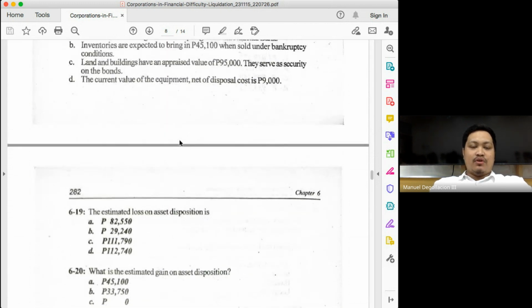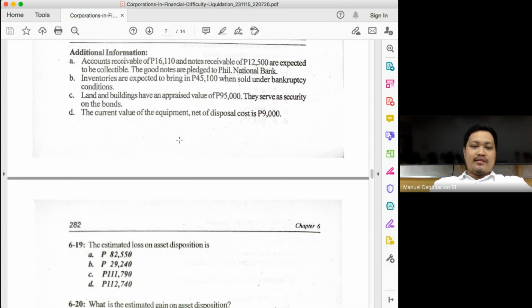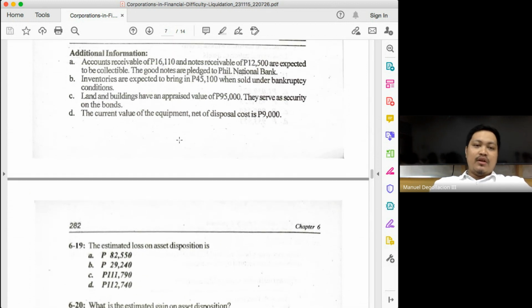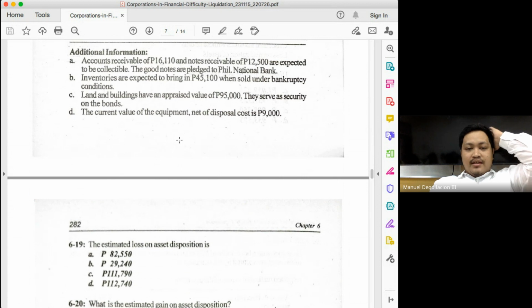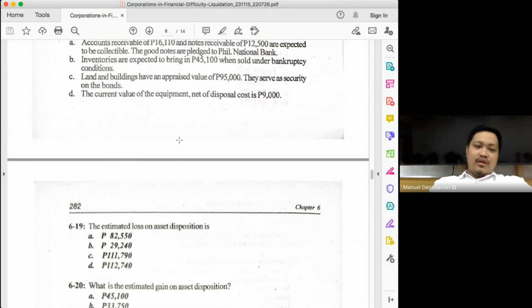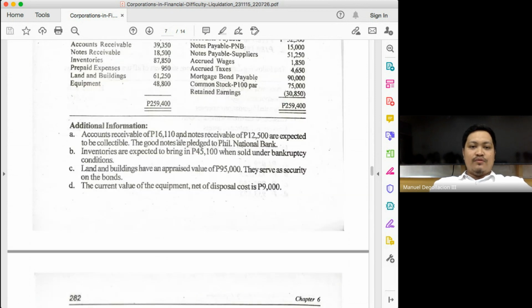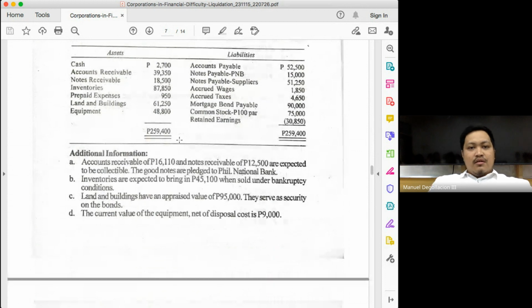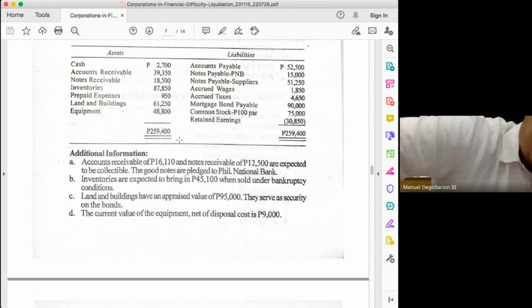Okay. Class, in 6-18 and 6-19, all you have to do is to determine the assets that are going to be disposed or realized, which will result in assets that will be realized at a loss. Okay, and then for 6-20, assets that will be realized at a gain. So all you have to do will be to compare their book values and their fair values.